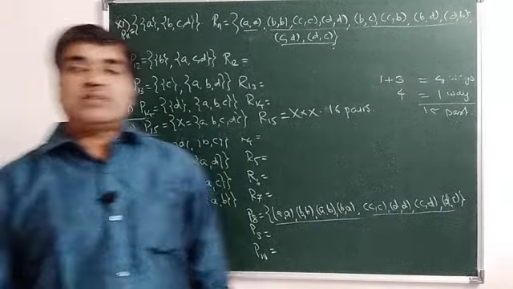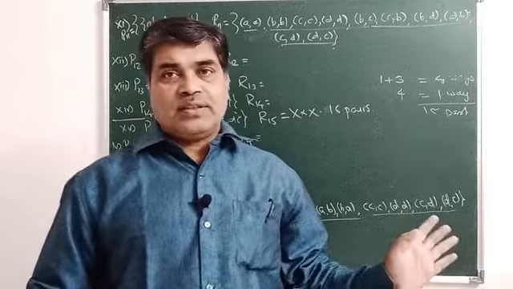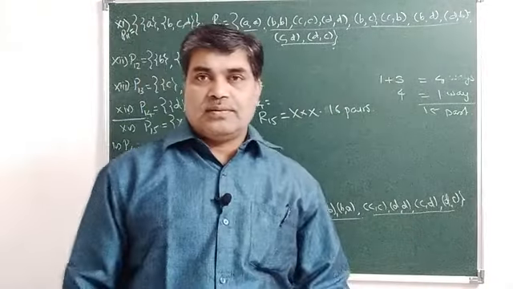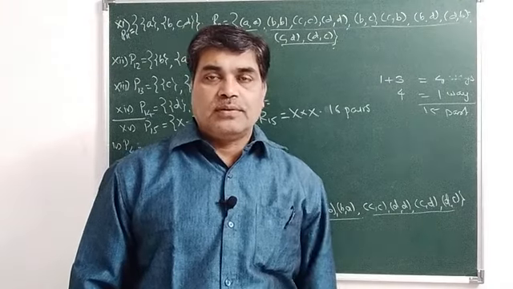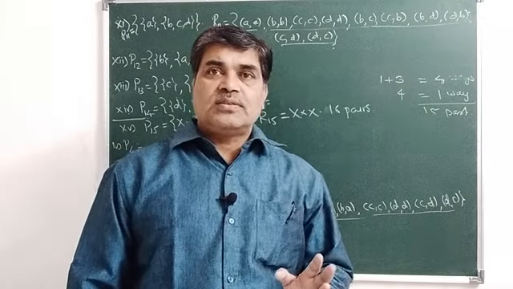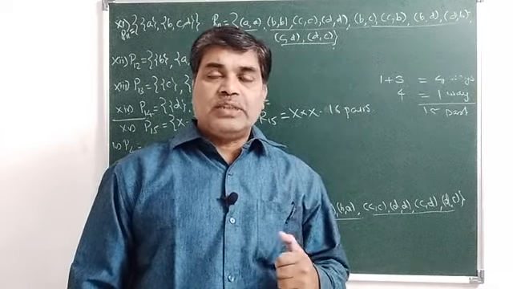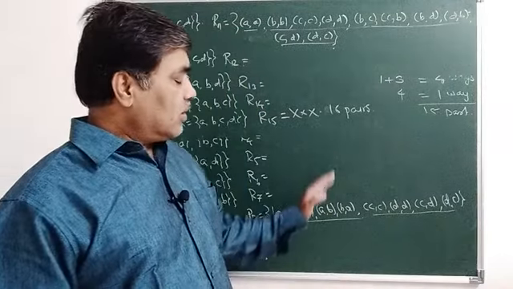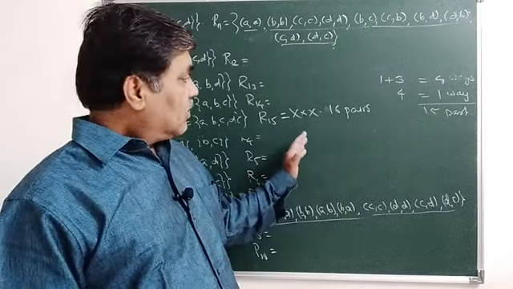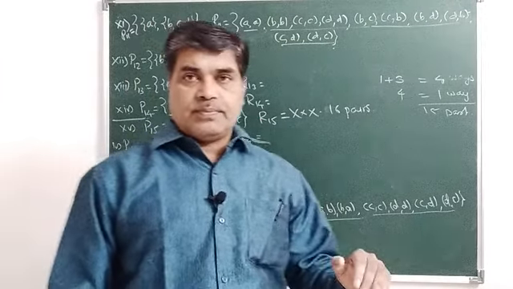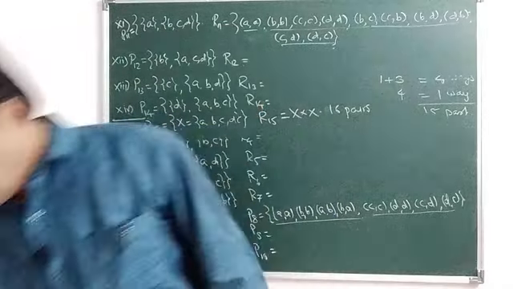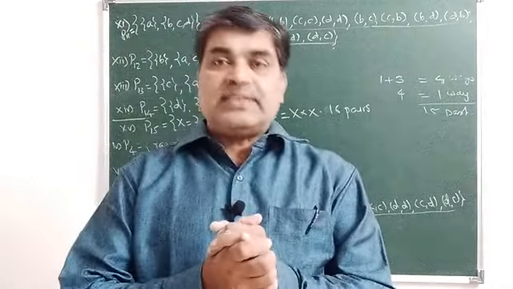Maximum number of pairs in any relation is at most 16 pairs here. It can't exceed that one. So thus, the equivalence classes theorem is useful to construct the partitions, equivalence relations. Partitions are useful to construct equivalence relations defined on a finite set.